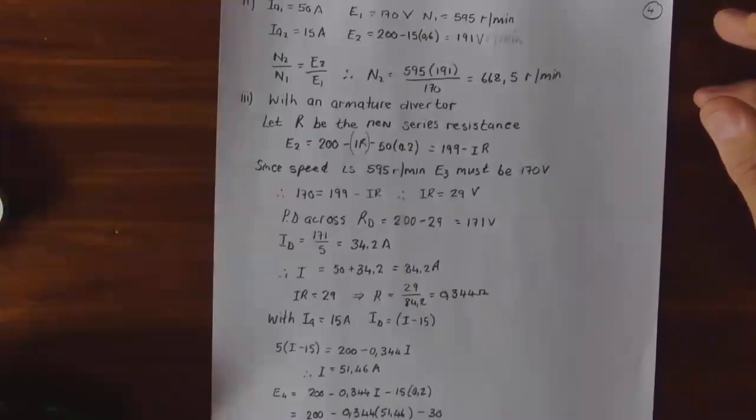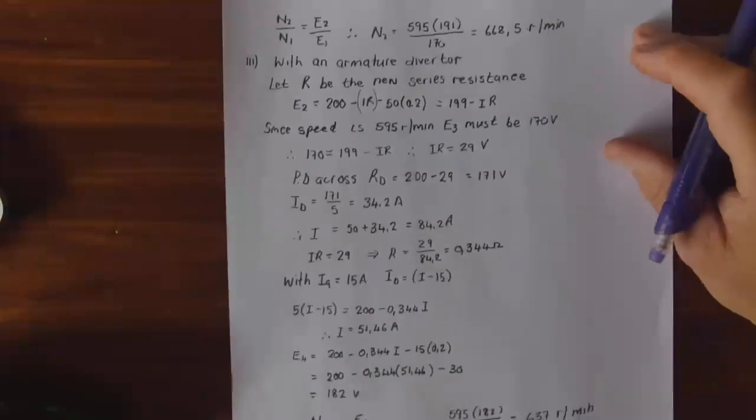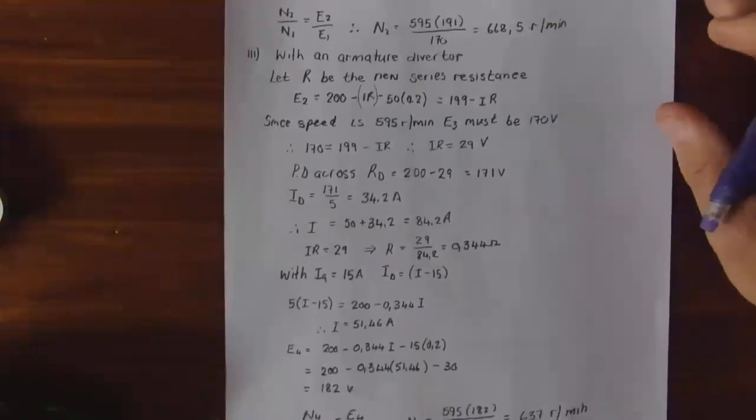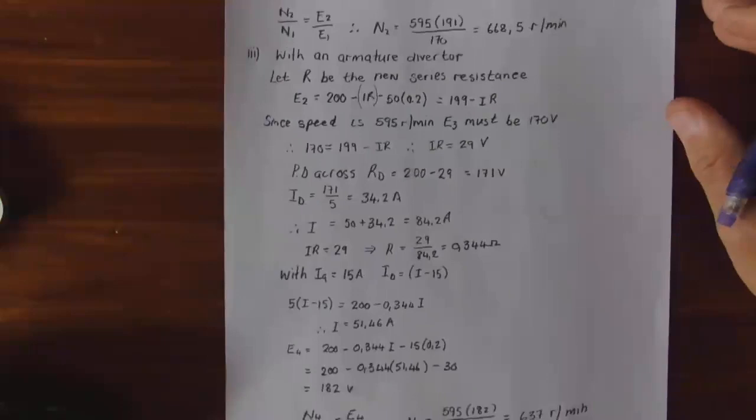With IA as 15 amps, I diverter is I minus 15. So 5 times I minus 15 is 200 minus 0.344 I, and therefore I is 51.46.